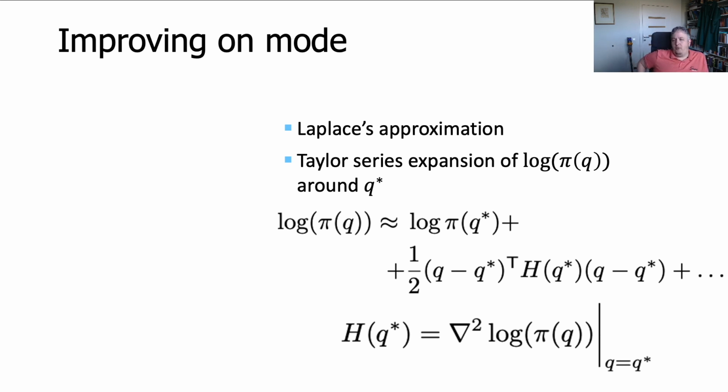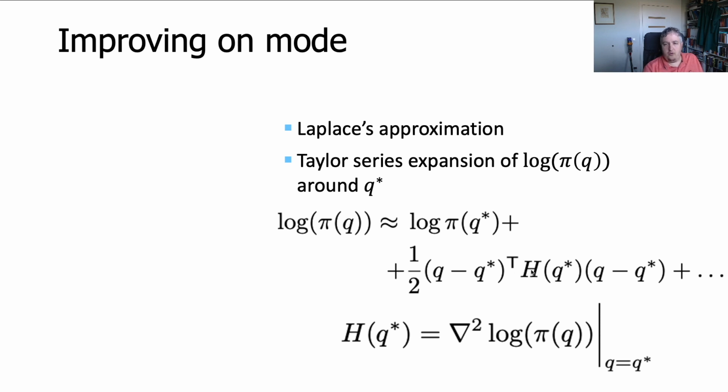In the case when we approximate the logarithm of the probability density function using a Taylor series, we have the following construction. It says that the logarithm of the probability density function at point Q can be approximated as the logarithm at the mode, plus the first term disappears because the derivative at the mode is equal to 0 because it's a maximum, and then we add the second derivative.